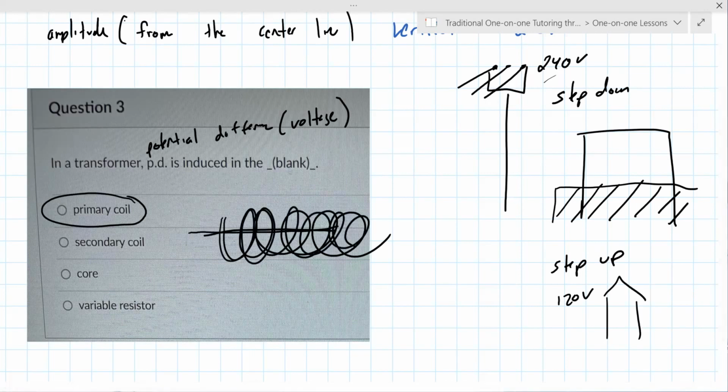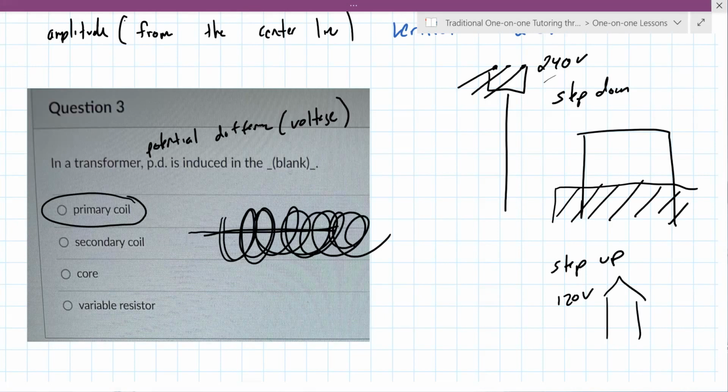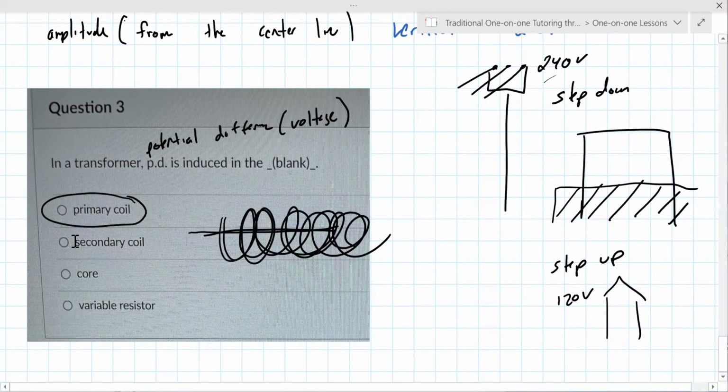I'm not seeing a clear match to what's here, partially because I'm not the biggest expert at this, but I think it's still possible for us to figure this out. So I guess I would go with that. I'm not sure why there's a secondary coil.